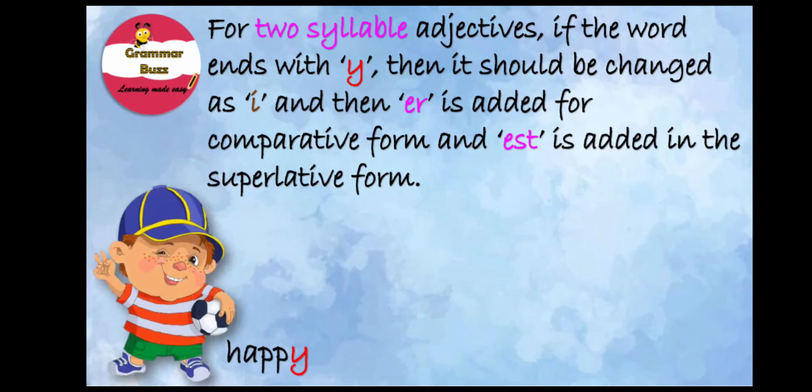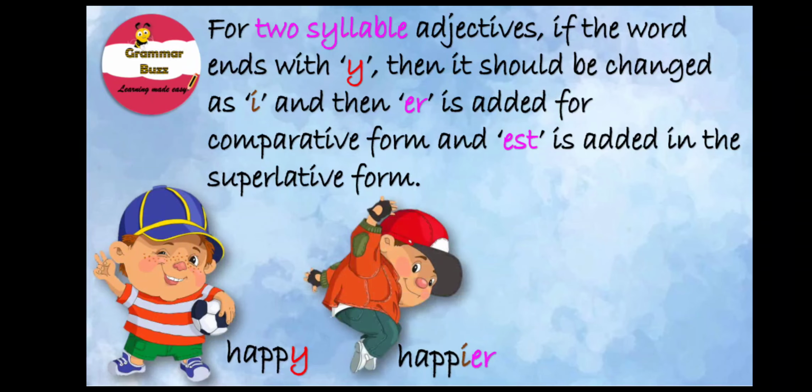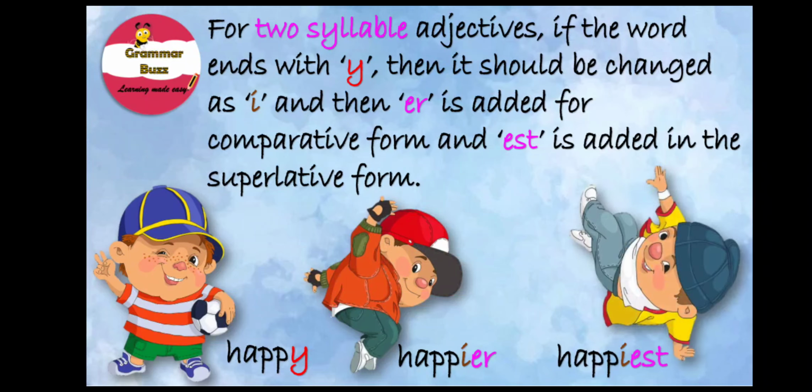The adjective happy ends with the letter Y. So we first change it to I and then add an ER to form the comparative degree of the adjective, happier. And we have to add an EST to form the superlative degree of the adjective, that is happiest. So happy, happier and happiest. Remember to change the Y to I first.